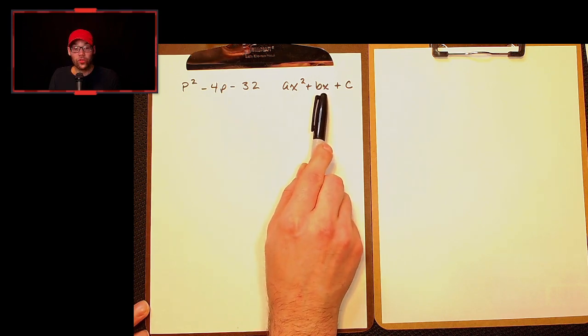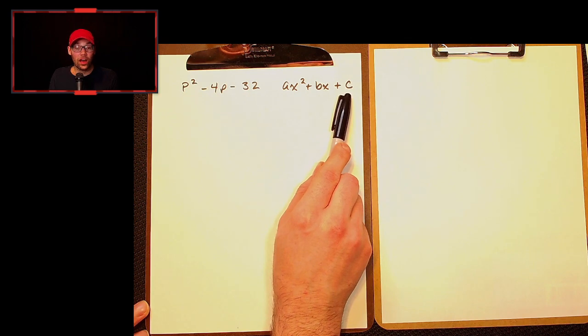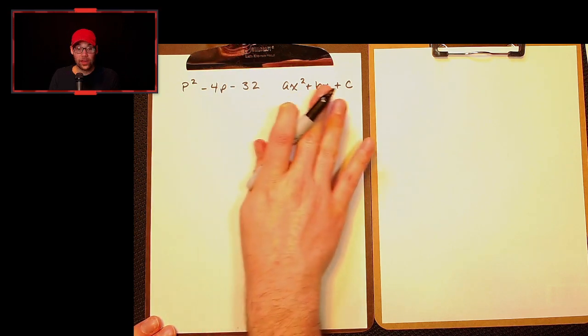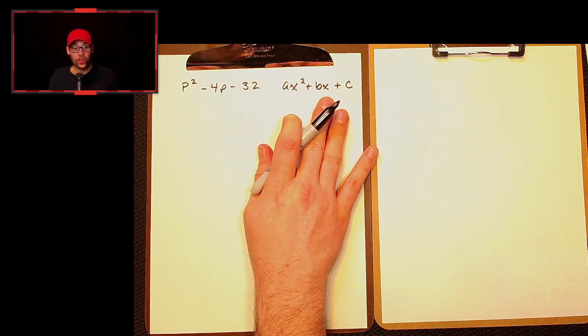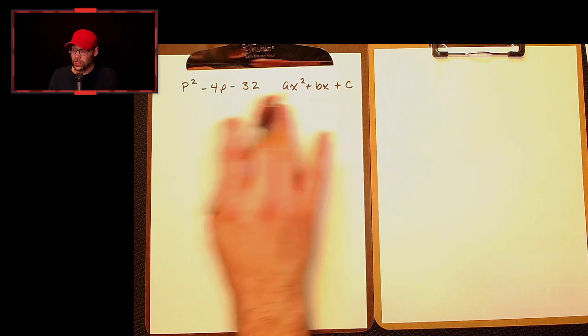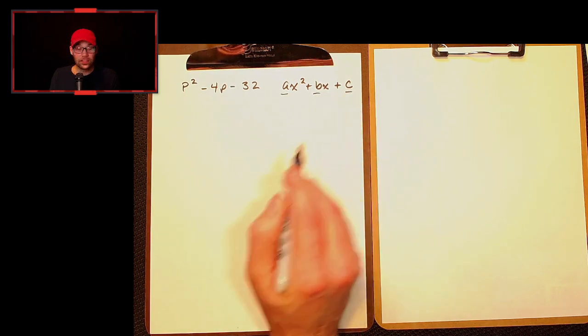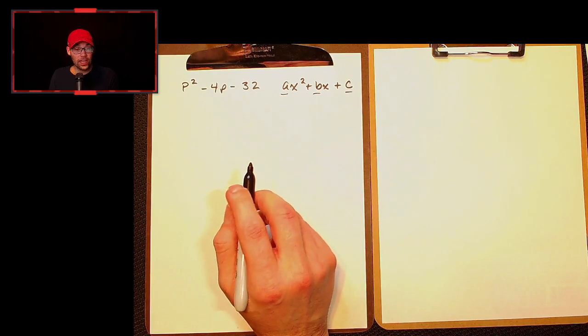B is going to be the coefficient out in front of our variable to the first power term, and c is the final constant that is going to be on the end. So here, because we have a quadratic form that matches our standard quadratic form, this means we can identify our coefficients of a, b, and c because we're going to use these for the AC table.